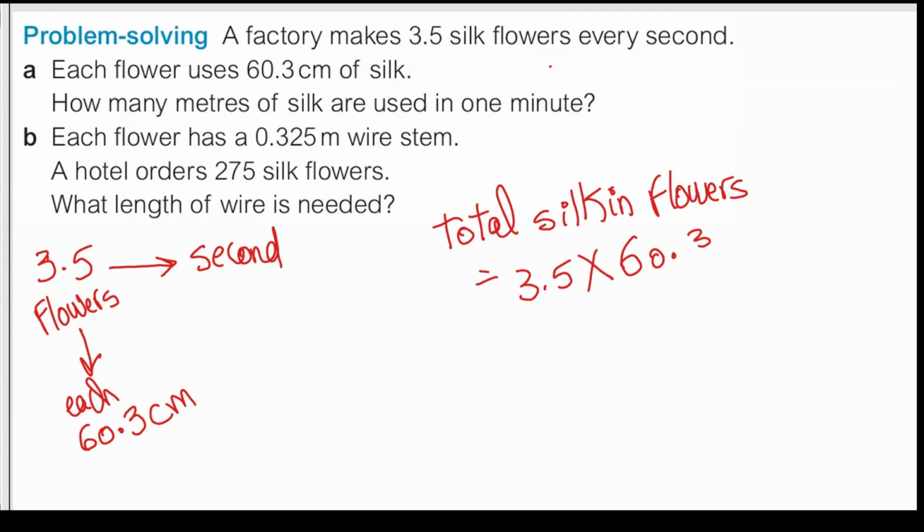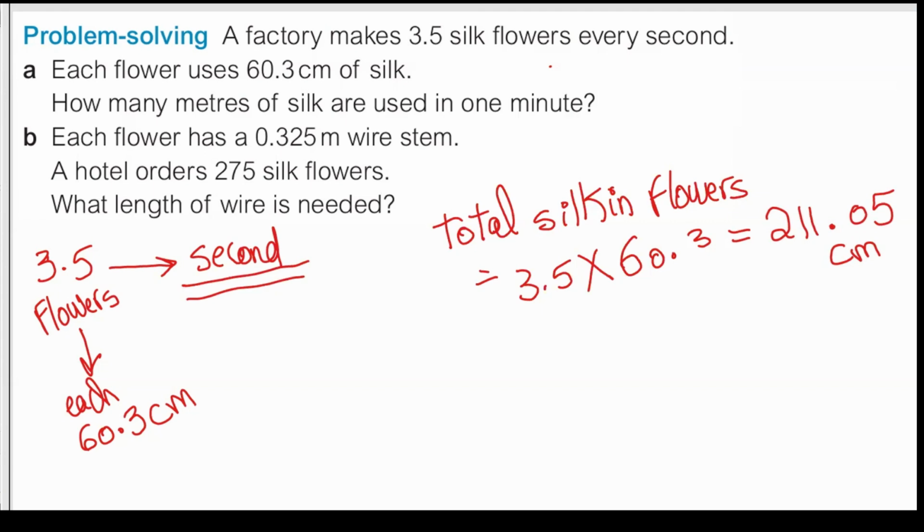So you need the amount of full silk. So 3.5 times 60.3 will be 211.05. That's the amount of silk, centimeter of silk used in 1 second.